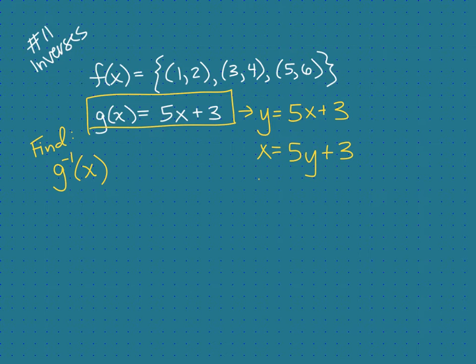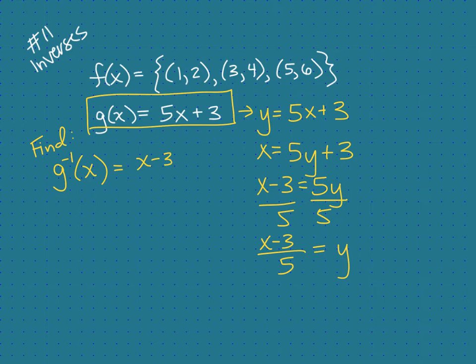Then we solve for y. To solve for y, we have to divide everything by 5. And so we can write it as x minus 3 all over 5, and that equals our new inverse function. So g inverse of x is x minus 3 all over 5.